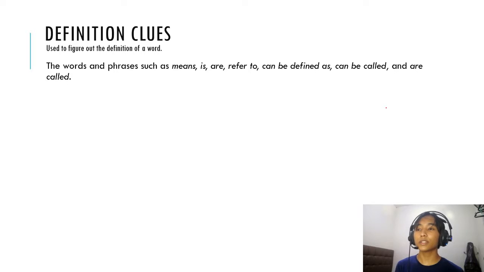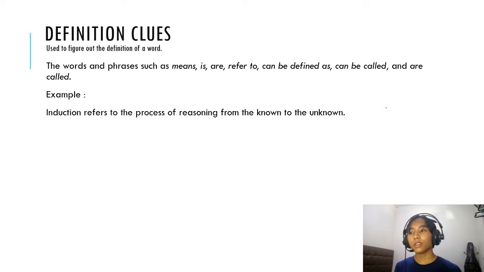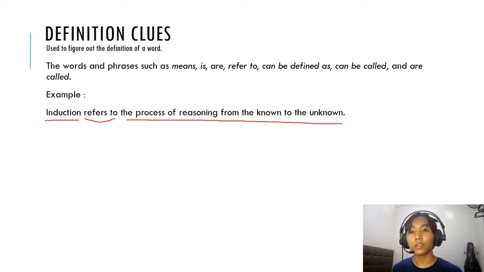The words and phrases are such as means, is, are, refers to, can be defined as, can be called, and are called. For example, induction refers to the process of reasoning from the known to the unknown. This is the special word, refers to. So, this is the word that we didn't know before, and this is the explanation.